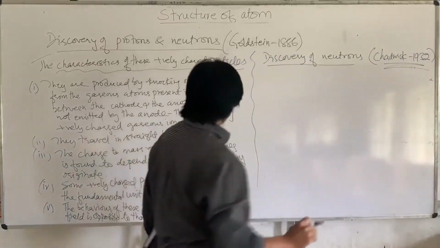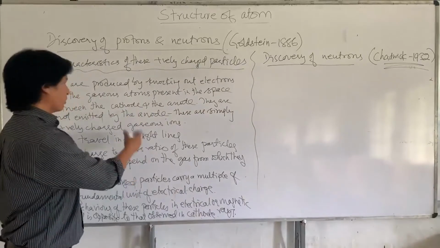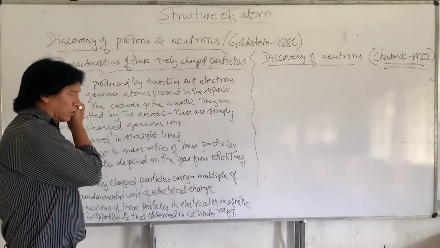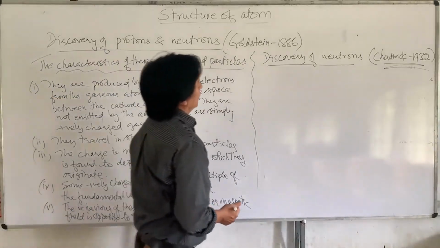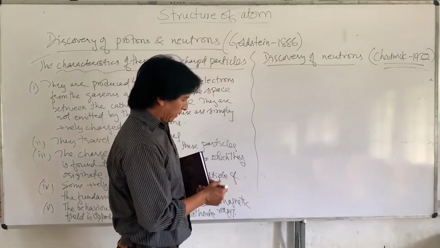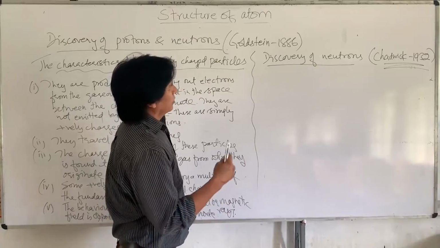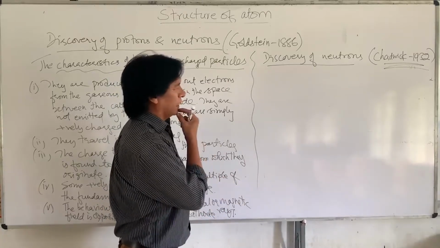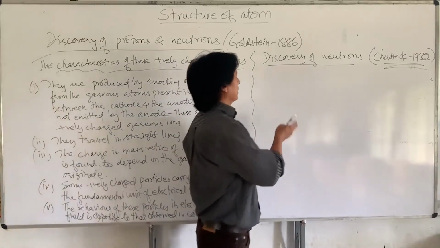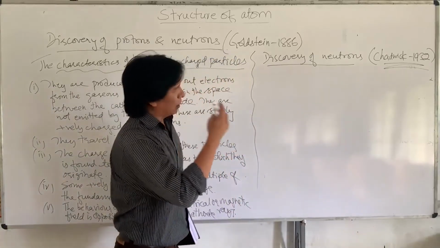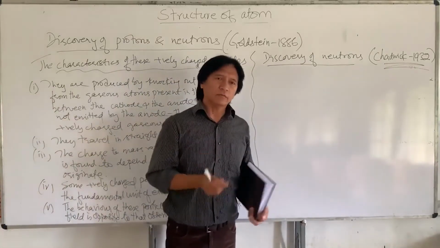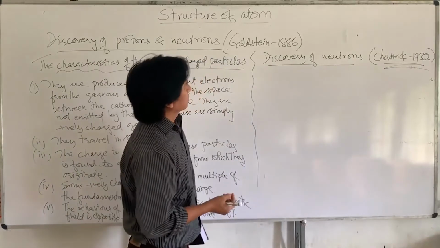Now after the discovery of electrons and then the discovery of protons, scientists in fact felt the need for the presence of some other electrically neutral particle in an atom in order to account for the overall mass of an atom, because they were not satisfied.